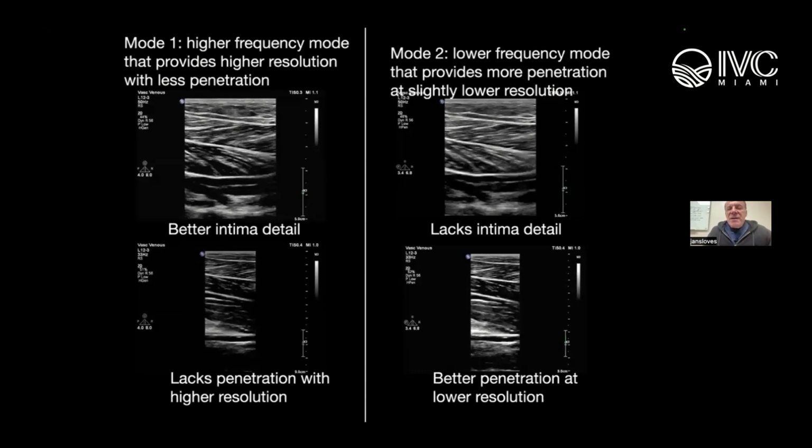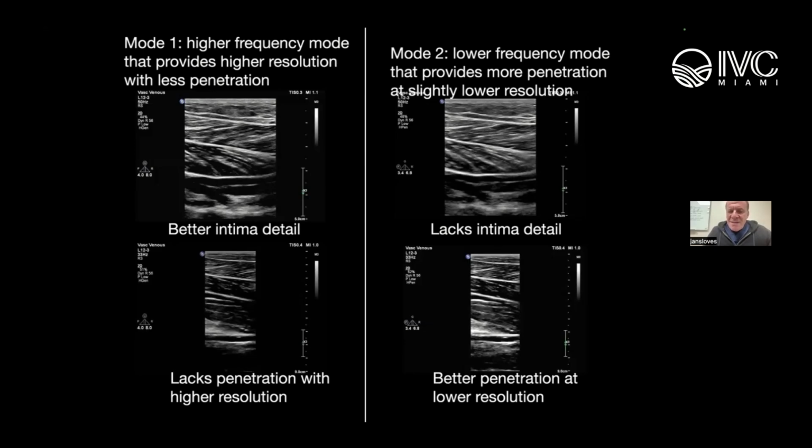Now, here we're using a linear transducer. In mode one, this transducer is being operated with a higher frequency mode that provides higher resolution with less penetration. In mode two, the probe is being operated with a lower frequency that provides more penetration at slightly lower resolution.